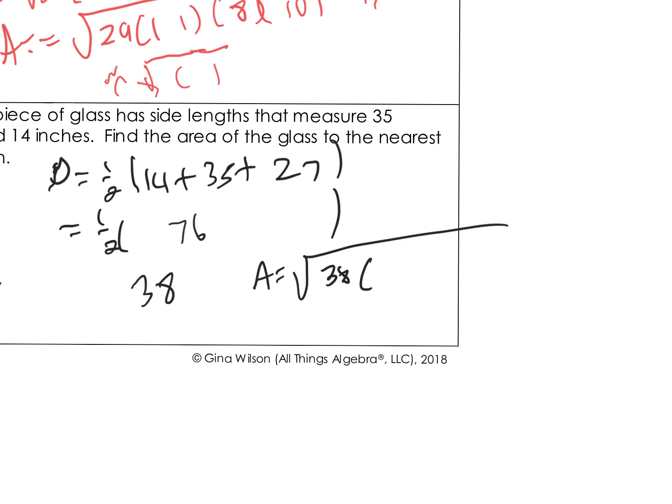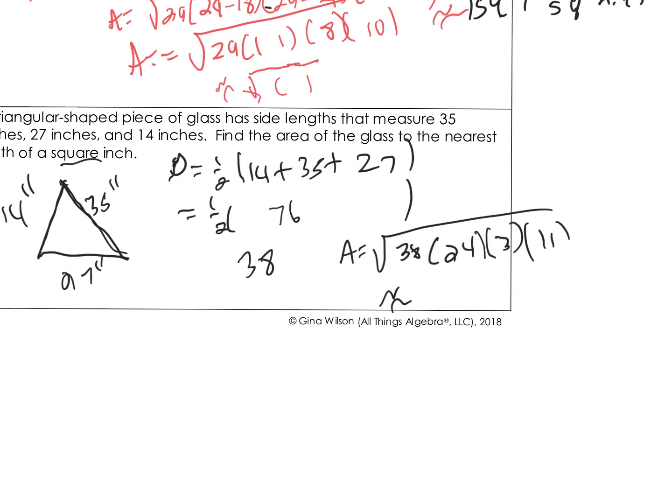If I do that in my head, let's see, 24. Then 38 minus 35 is 3. Then 38 minus 27 is 11, I think. So put that in your calculator and give me your units of inches squared.